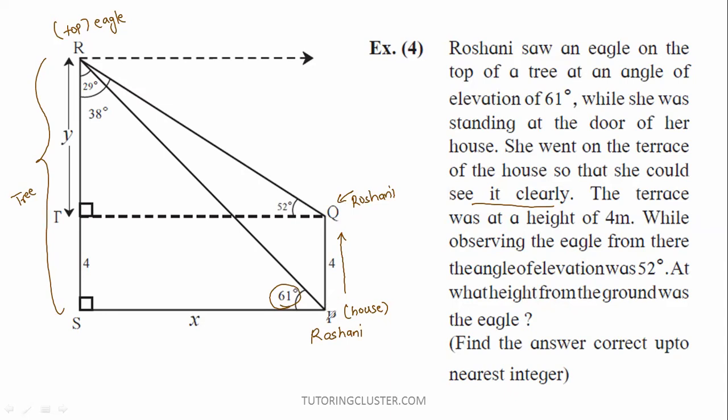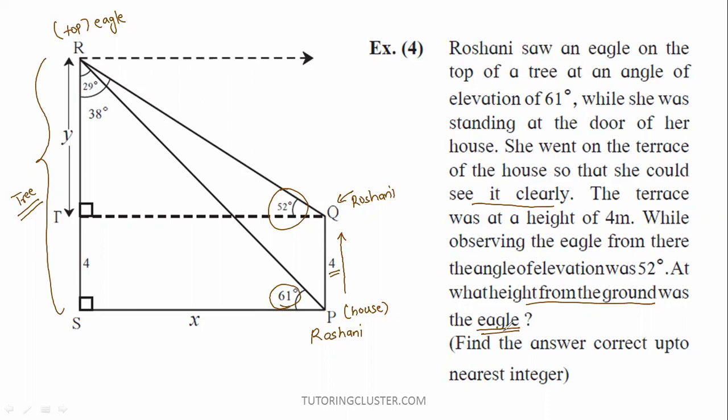First she was on the ground and now she has moved onto the terrace, at a height of 4 meters. While observing the eagle from there, the angle of elevation is 52 degrees. At what height from the ground was the eagle? So basically, you have to find the height of the tree.